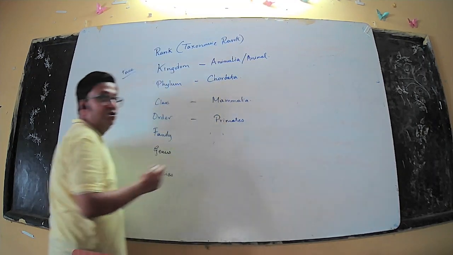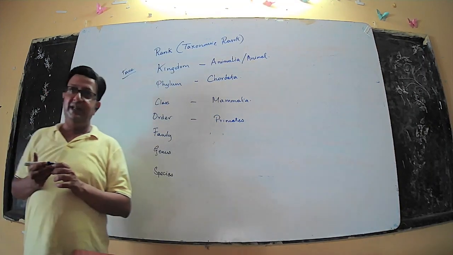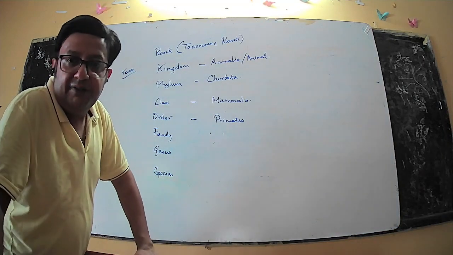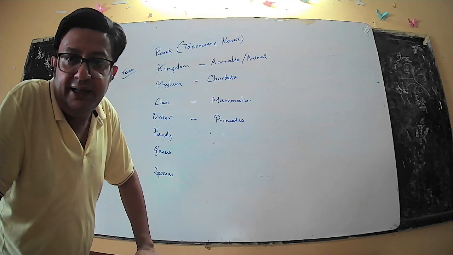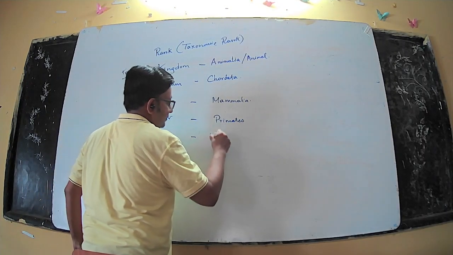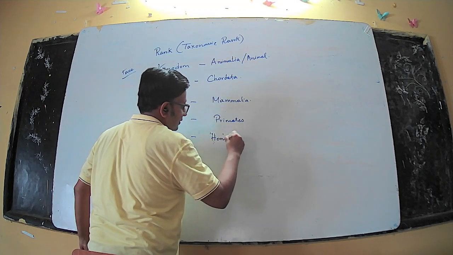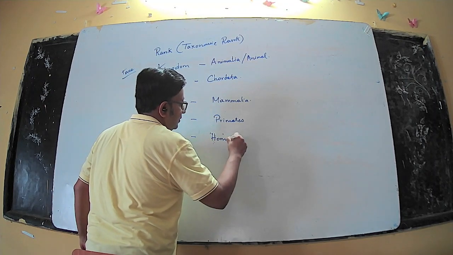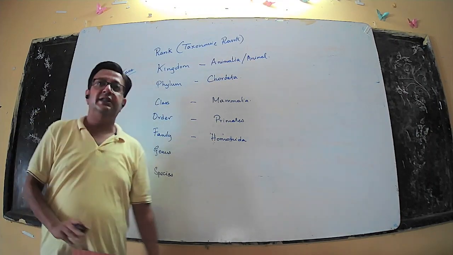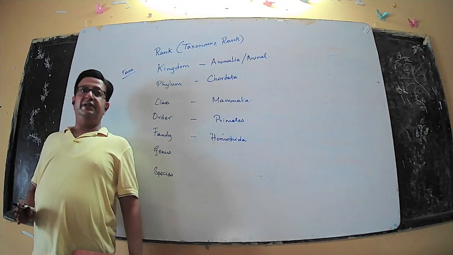Because they walk on 2 feet and have improved cranial nerves. Then after that comes the family Hominidae.